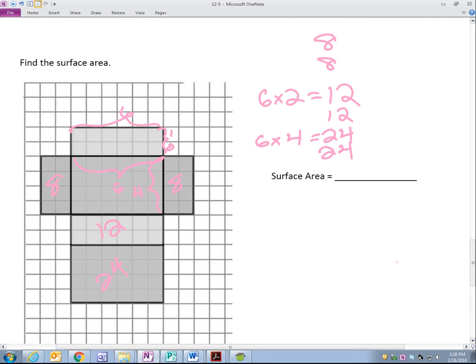Now what I have to do in order to find the surface area, are we just looking to find out how much room it takes up on the floor? No. We want to know the total surface area.